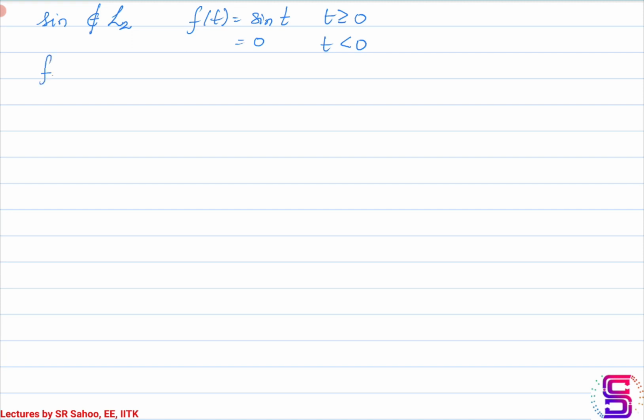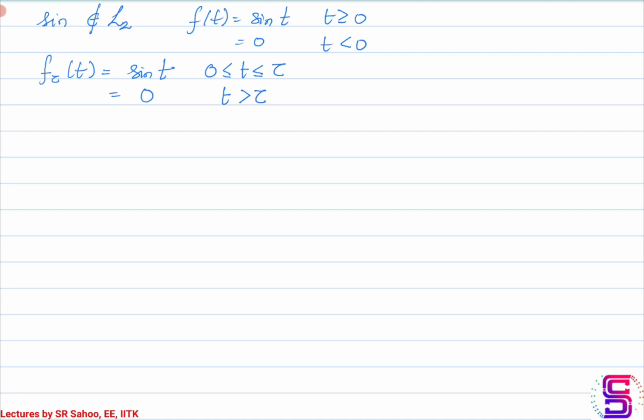Now let's say we have another signal f tau of t, which is defined as sine t over the interval 0 to tau and is 0 for t greater than tau.